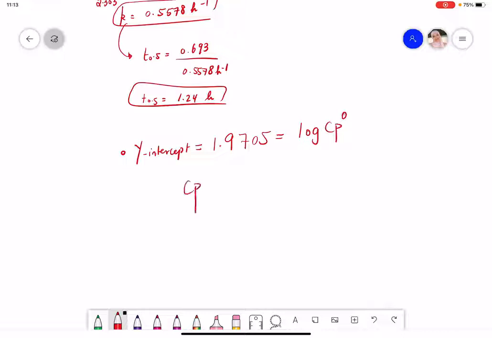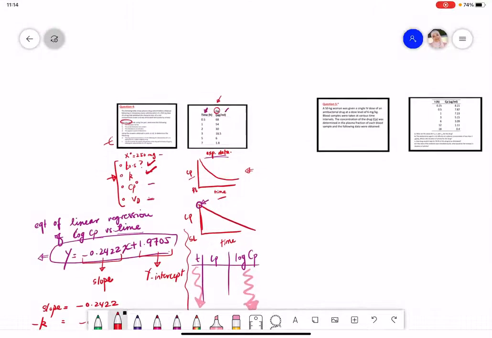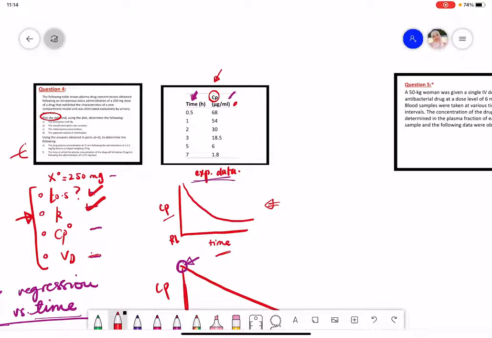Then take the antilog of that to determine CB naught, which will be equal to 93.43. The unit will be the same unit as the concentration, which is microgram per milliliter, right? So you are done with this, okay?